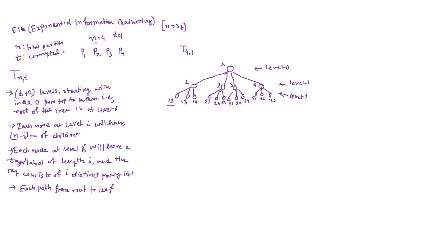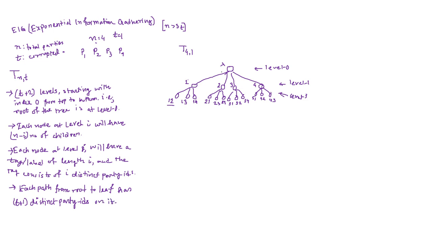For example, t is 1 and 1 plus 1 is 2. Each path from root to leaf has t plus 1 distinct party IDs on it.